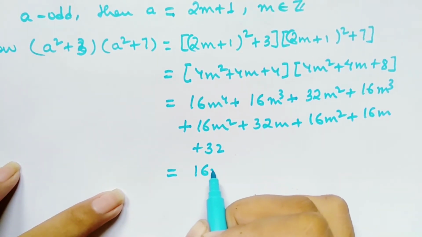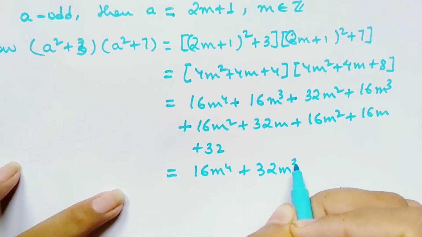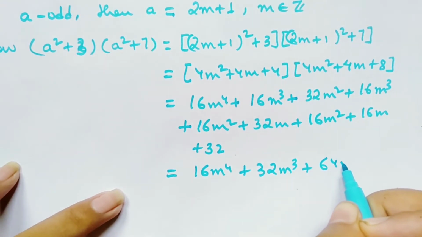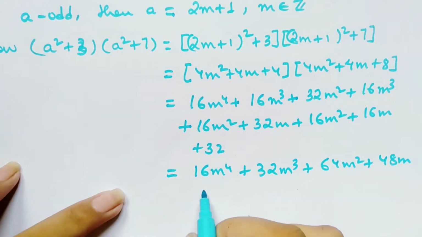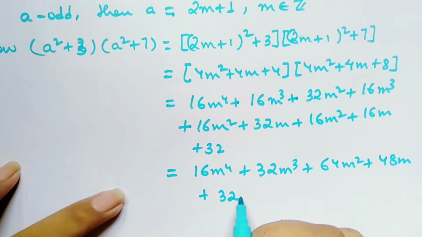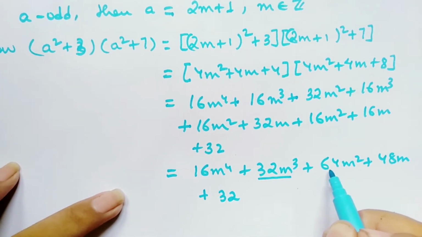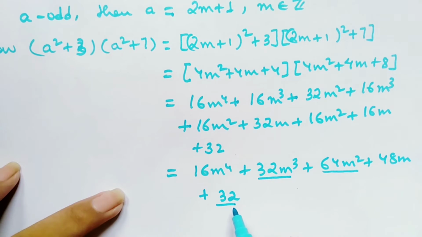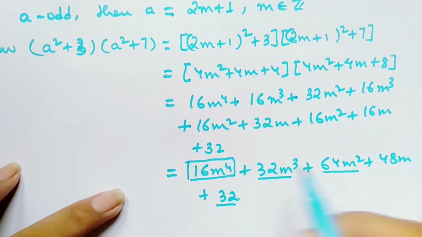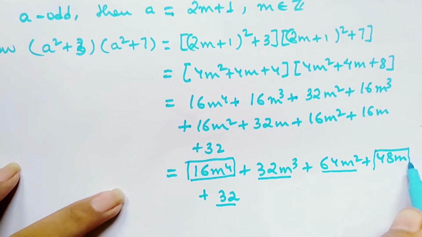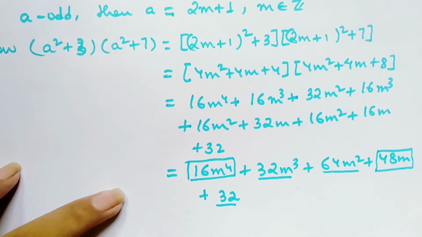Then here we have 16m⁴ + 32m³ + 64m² + 48m + 32. Among these, the 32m³, the 64m² and the 32 are divisible by 32. We don't know about these two. We have to check two cases: when m is even and when m is odd.